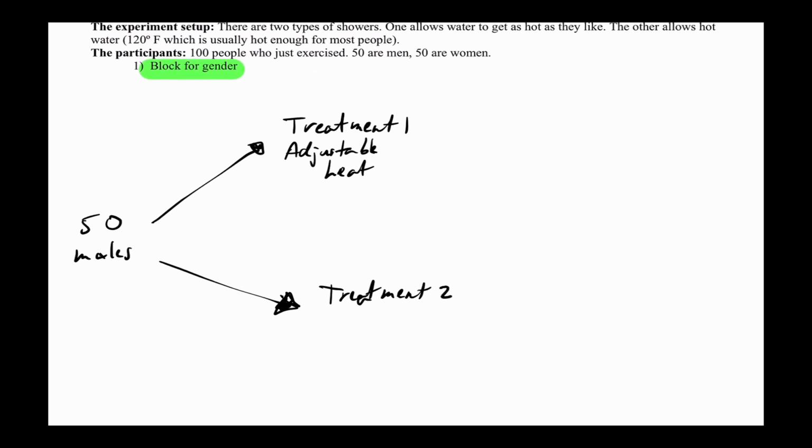Well, no, since we're saying the control would be adjustable heat, if you're going to use a control, you would use adjustable heat down here. But if you're going to say that one's up there, then you're going to have two treatments. So the other one is 120 degrees. That's all it gives.